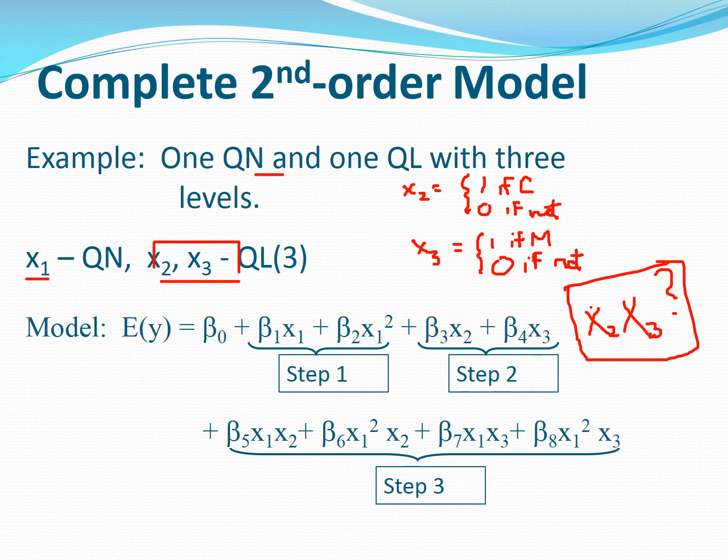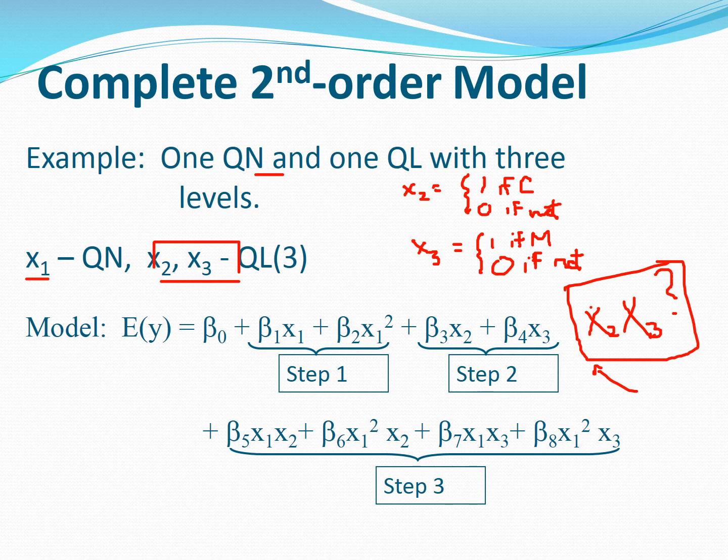So in addition to putting an x4 in, I would also include an x2 and x4 and an x3 and x4. And so this step here would get a little bit bigger. That's why I say the thinking part is in step 1 and step 2, trying to figure out how do I include the quantitative terms, how do I include the qualitative terms, and then in step 3, whatever you did in step 1 and step 2, now you just go crazy.